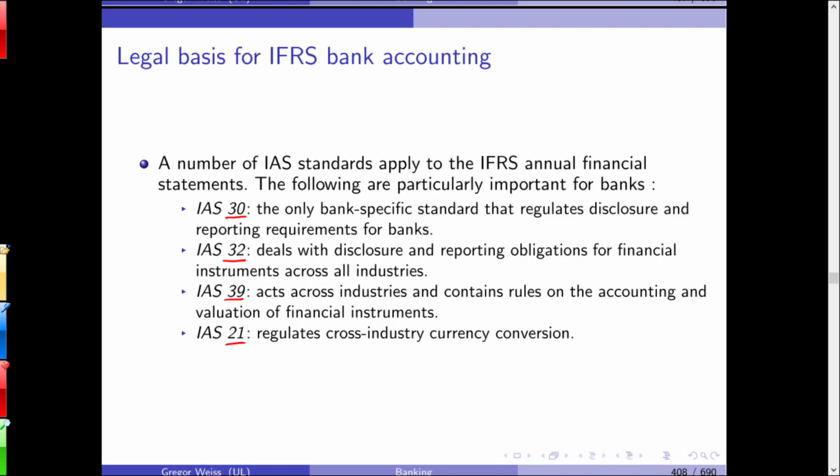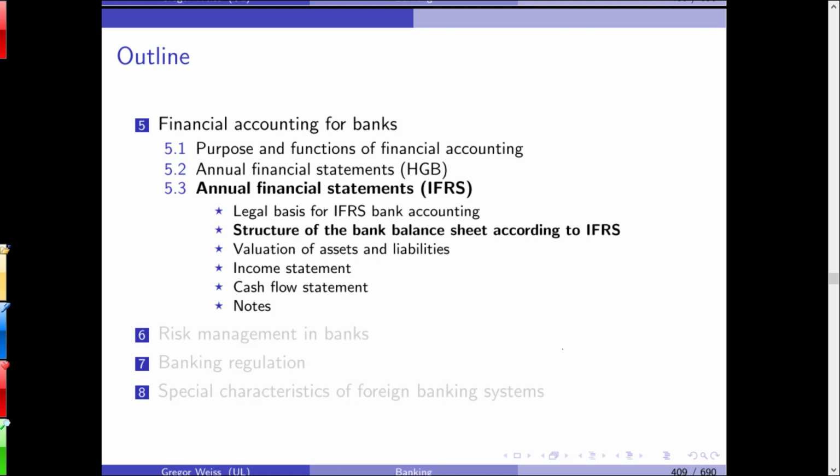So 30 is the only bank-specific standard that regulates disclosure and reporting requirements for banks. 32 deals with disclosure and reporting obligations for financial instruments across all industries, but because banks heavily deal in financial instruments, this is of course also of major importance to banks. 39 acts across industries and contains rules on the accounting and valuation of financial instruments. And 21 regulates cross-industry currency conversion. If you have foreign exchange risk, this is also relevant for you.